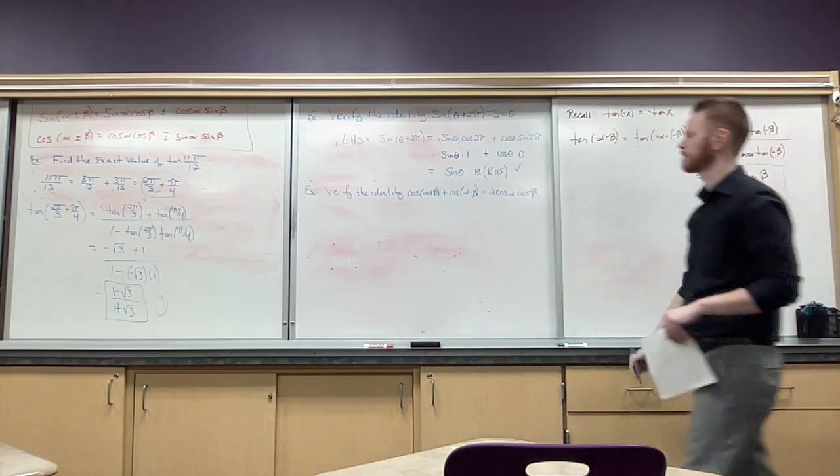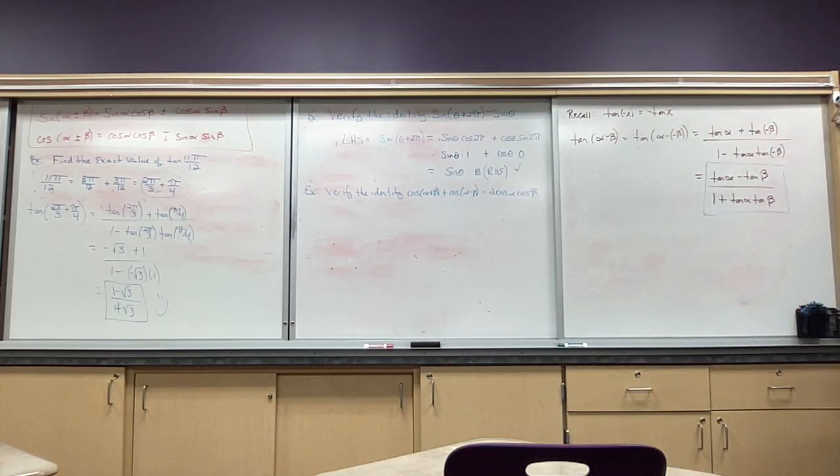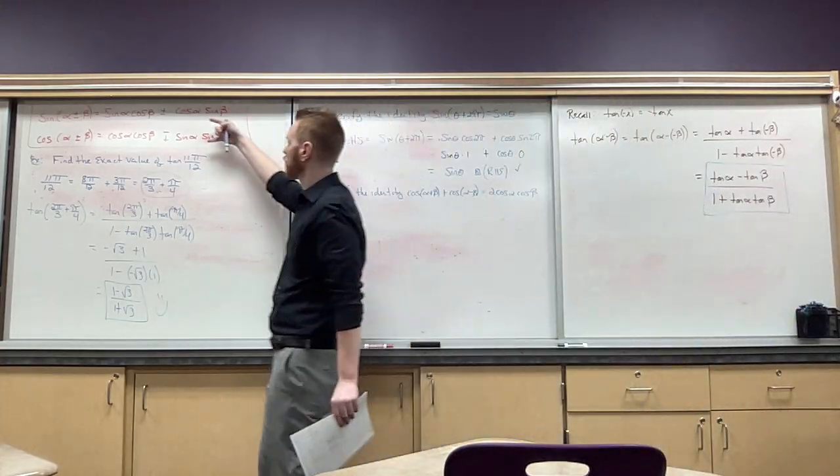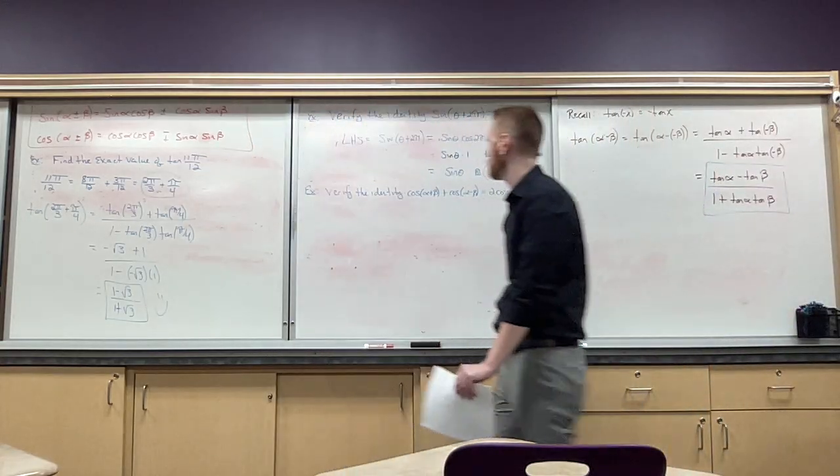There we go. Okay, so we're going to verify that identity. Still going to pick a side. Obviously, the left-hand side has much more to work with. And we know that because these guys, I can substitute these formulas in for, right? So let's go ahead and do that.